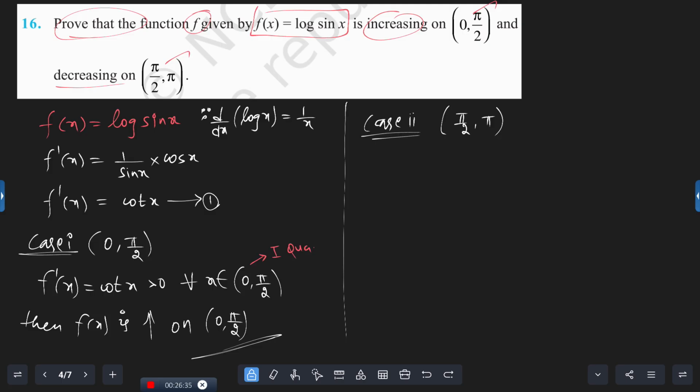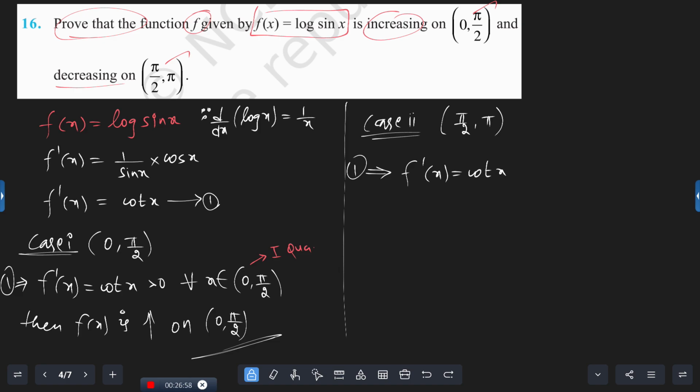So pi by 2 comma pi. We have to check this, right? This implies f dash of x is equal to cot x. Pi by 2 comma pi is the second quadrant.